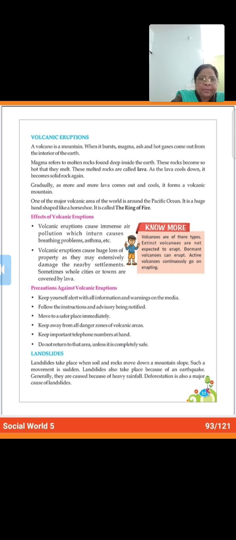It's very simple. As I told you in the beginning, with all the other natural calamities that take place, children, you have to be very much alert with the news, with the weather forecast, and move to safer places.